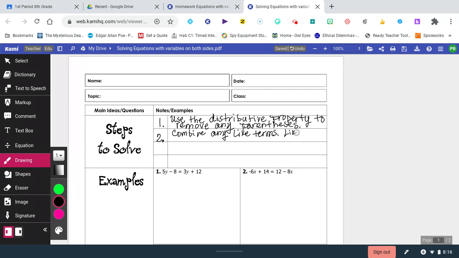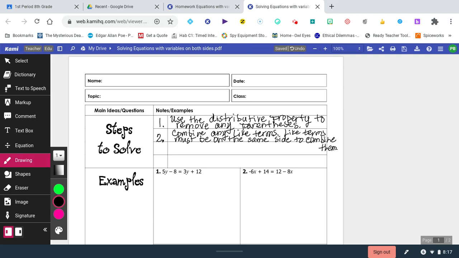Like terms must be on the same side to combine them. If they're not on the same side, you can't combine them.